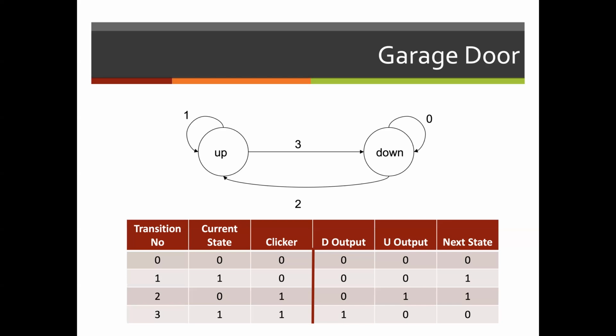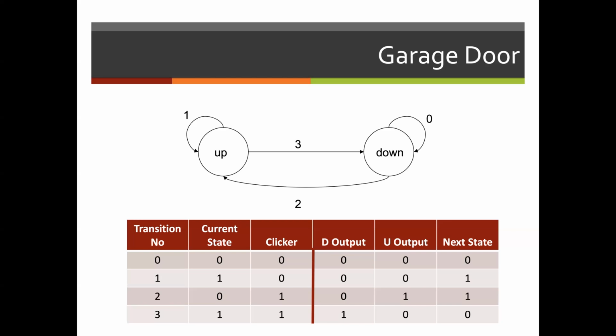We also have appropriate transitions that are denoted 4, 2, and 3. These transitions correspond to the garage clicker being pushed, and that forms a transition. The transition that we see for state 2 represents the output in which we trigger the motor to bring the garage up.